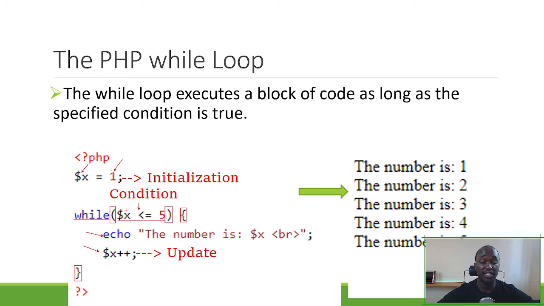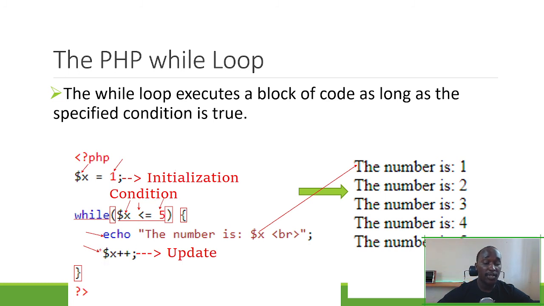The condition we are checking is x less than or equal to 5. If that is true, then we execute whatever is inside the loop. So in the first loop, because it's true and the value of x is 1, it's going to print that.